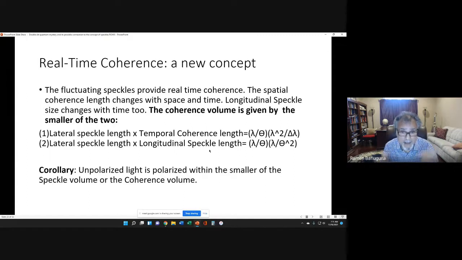Right? But if they are uncorrelated, how can they interfere? So the corollary that I'm coming up with is that unpolarized light is polarized within the smaller of the speckle volume or the coherence volume, whichever is smaller.